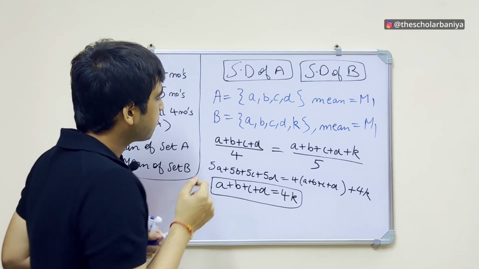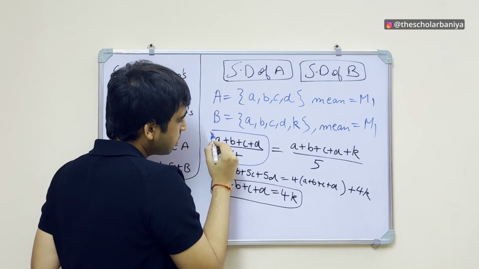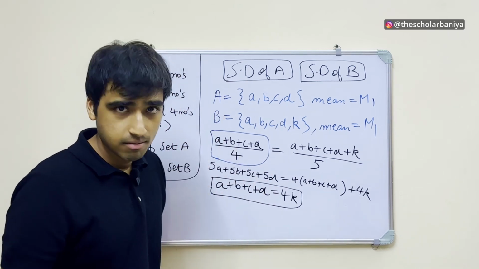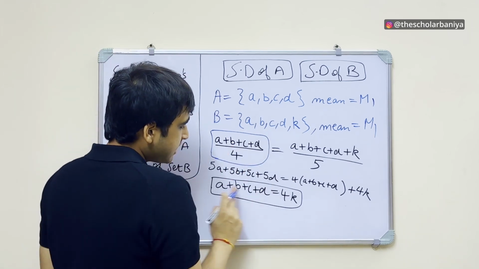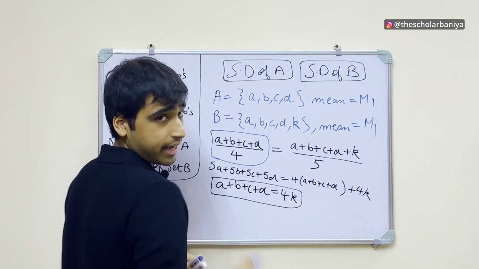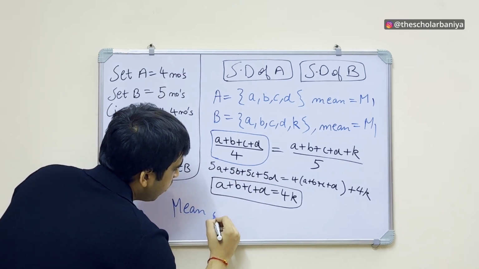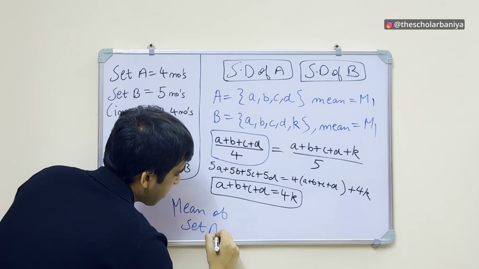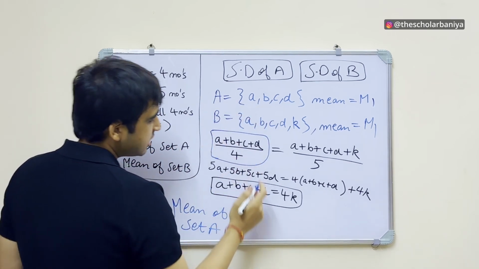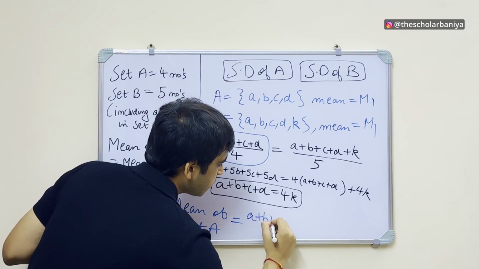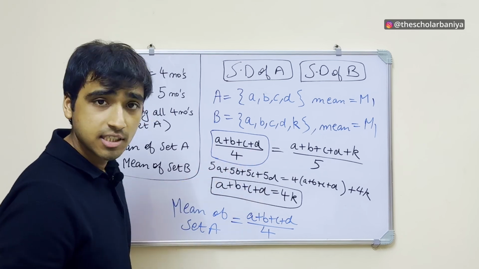Now tell me one thing. What was this? This was the mean of set A, right? a plus b plus c plus d upon 4.